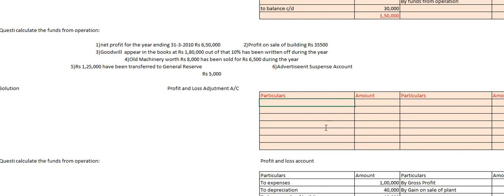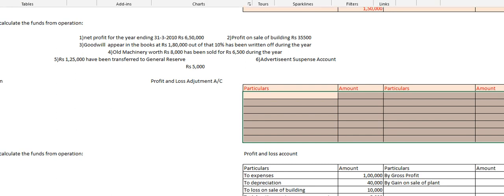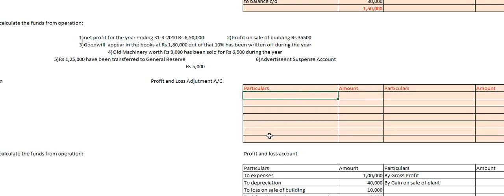As I read the sum, I will keep doing the answer. So to net profit carried down, you will debit it.